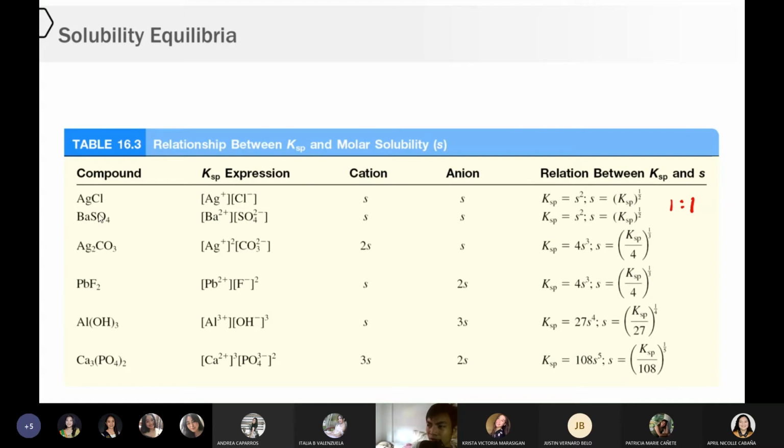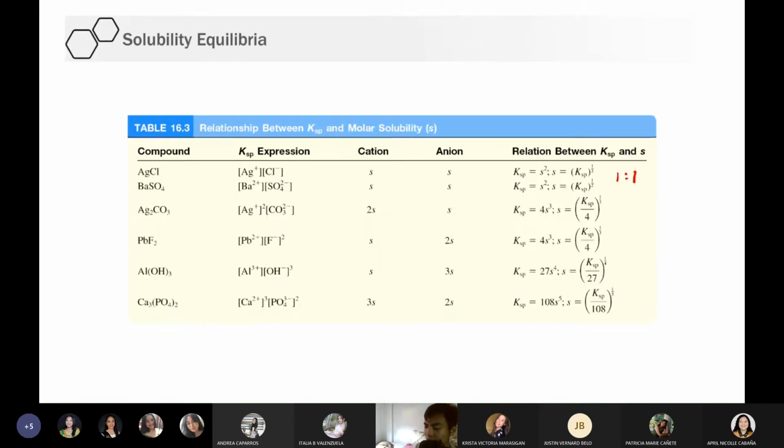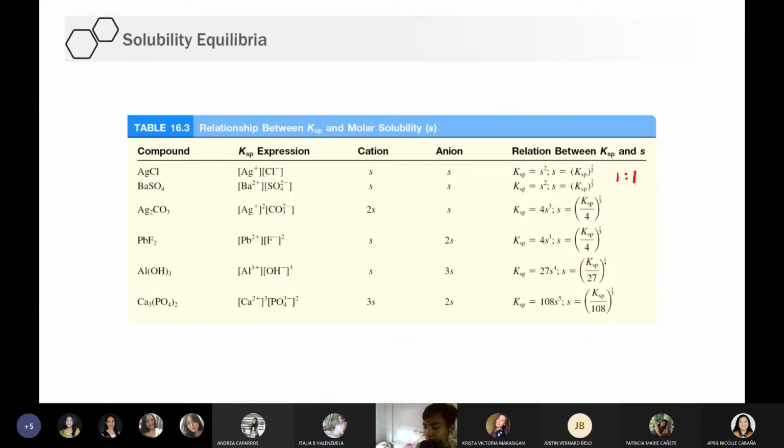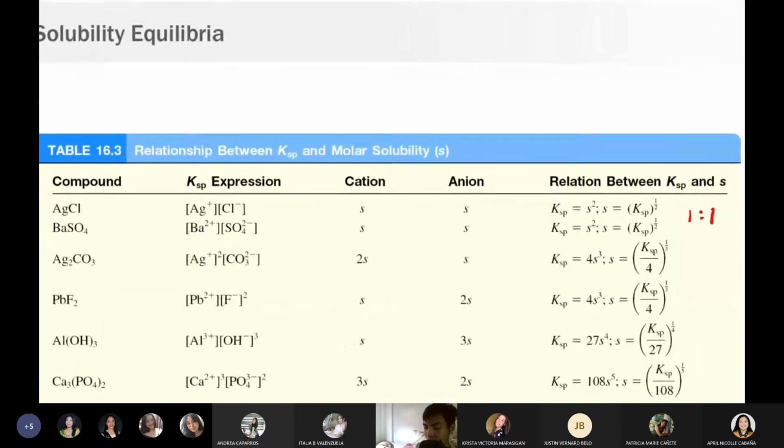Example niyan is silver chloride and barium sulfate. No? So, isang cation, isang anion yung mapoproduce mo. So, 1-to-1 yung ratio nila. So, you can solve for X as the square root of Ksp. Katulad lang ng ginawa natin dito. X is just the square root of Ksp. Okay? Pwede kabisaduhin nyo na lang din to.